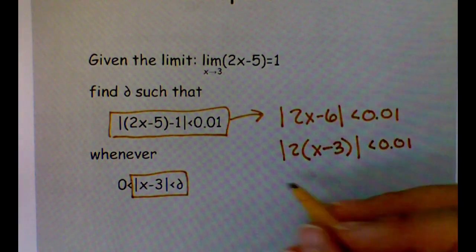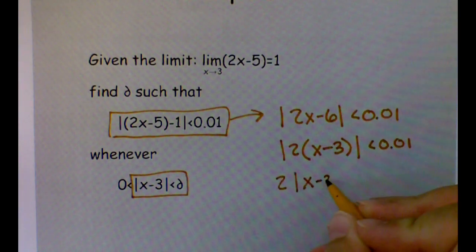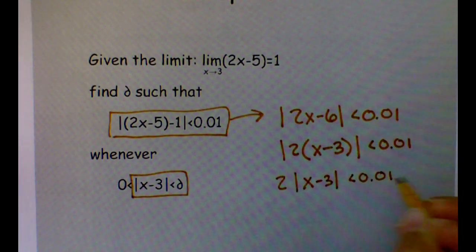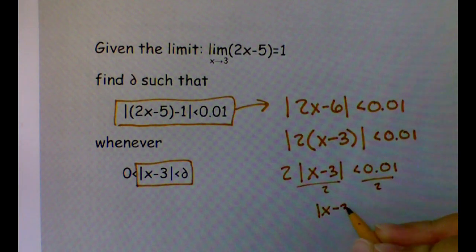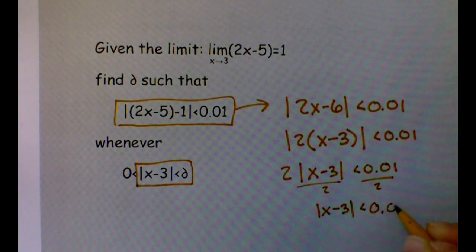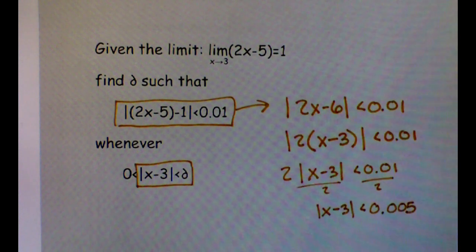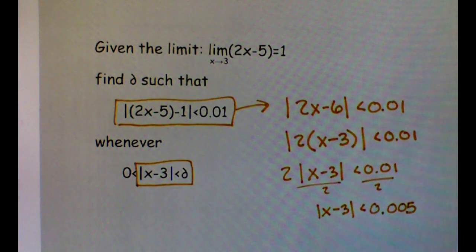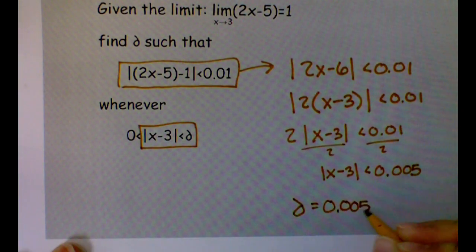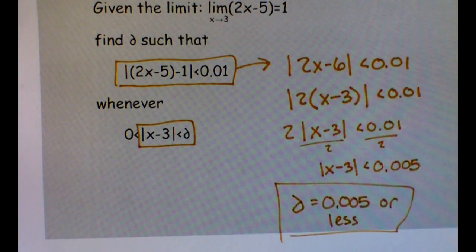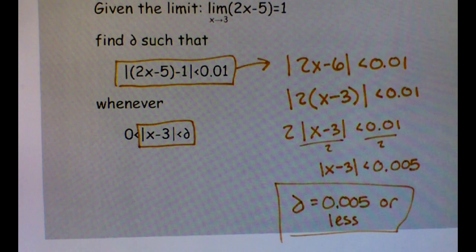Well, I can take that 2 out of my absolute value because it's positive anyway, and then divide it over. I get the absolute value of x minus 3 is less than 0.005. So that means delta is 0.005 or less. So as long as I pick a delta that's 0.005 or less, this works, and that's my limit.